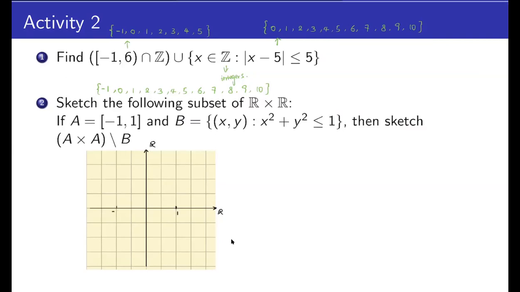Then that's -1. This -1. And that's 1. Alright. So our A is everything between -1 to 1. So it's the red part. Okay, this is A.